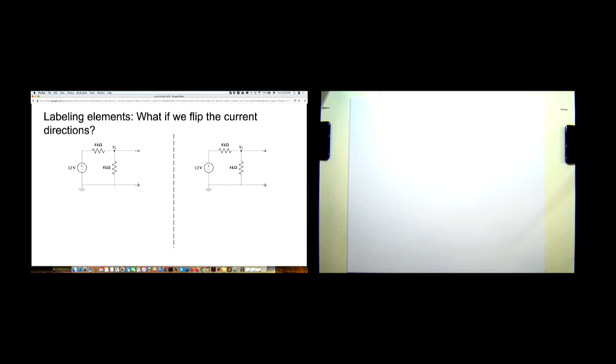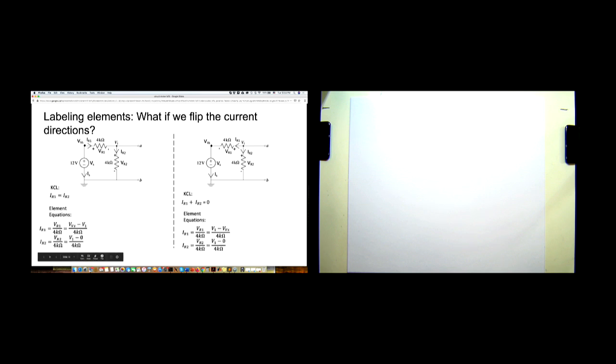Now, back to your question here, does it matter which way I label the currents, and can I pick independently whichever way I like for labeling my currents? So we have two examples where you've picked your currents. So you've picked IR1, here in this case going from left to right, and IR2 going from right to left in the other schematic.